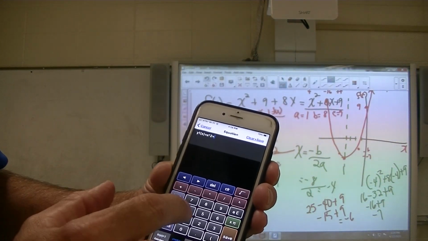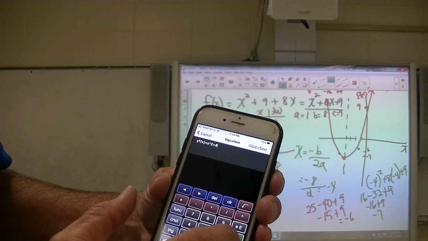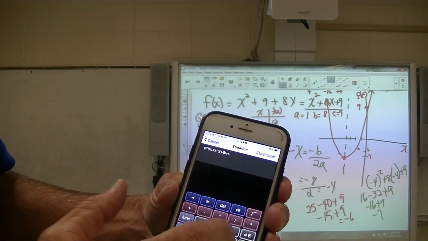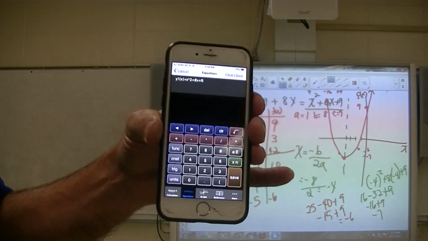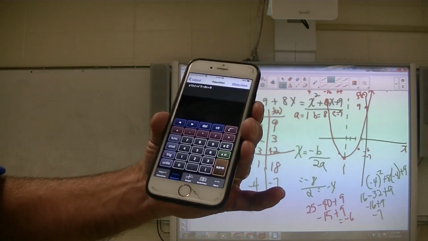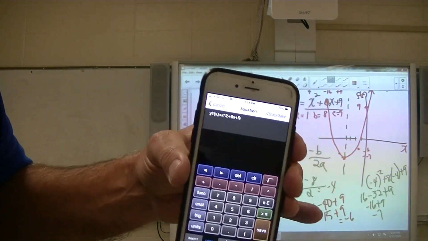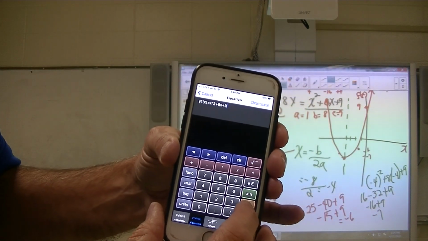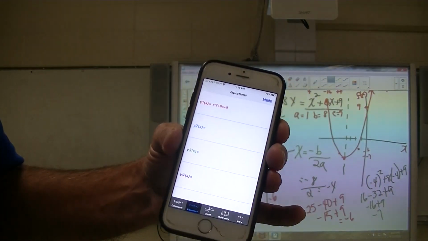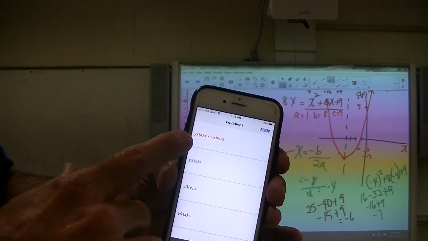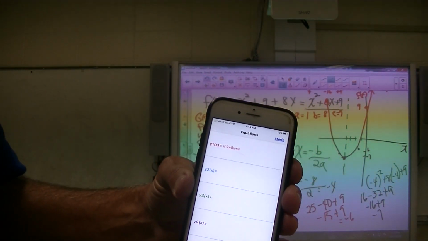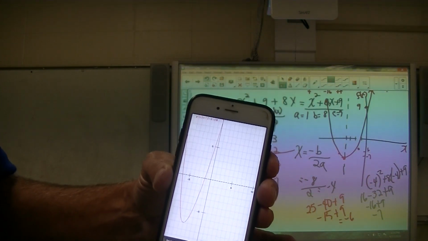So go plus 8x plus 9. There's no way for me to ask if everybody's getting this, if everybody has it on your phone, but that's it. And once you have x squared plus 8x plus 9 in, you hit the gold button here that says save, and it saves it there. So there's one of your equations. Then when you come over to graph, so go over here, you see graph.